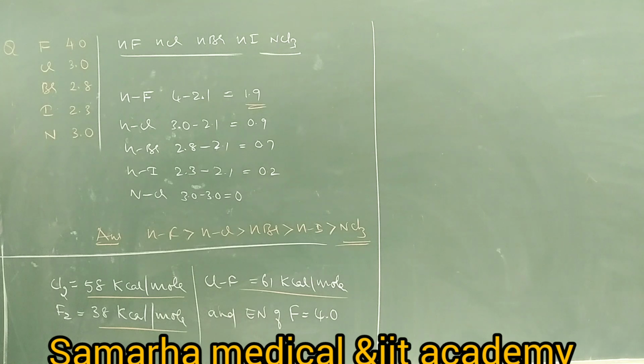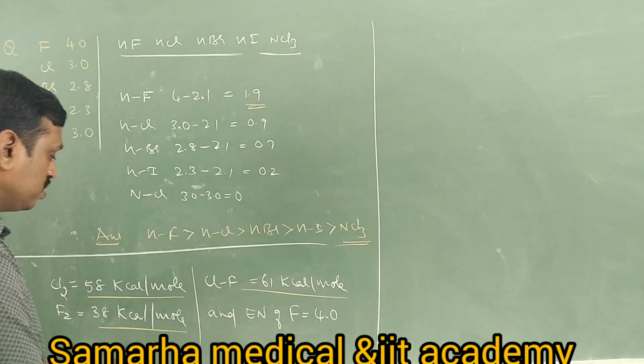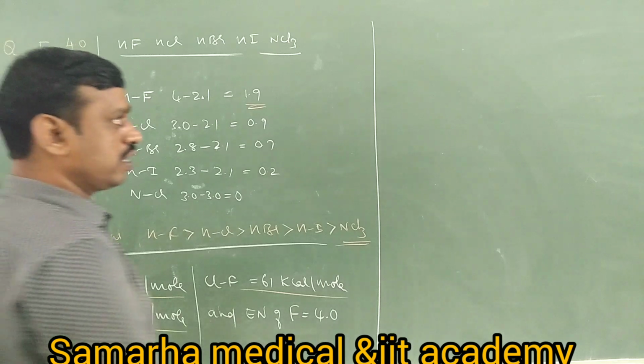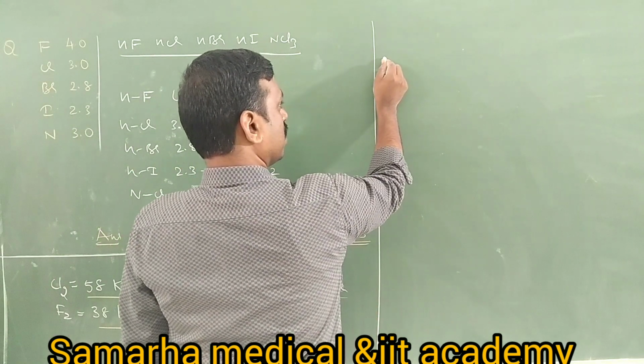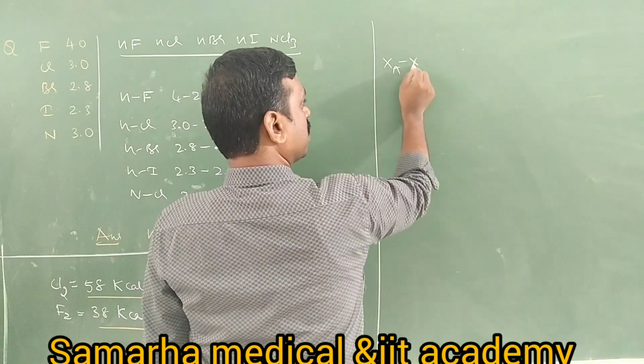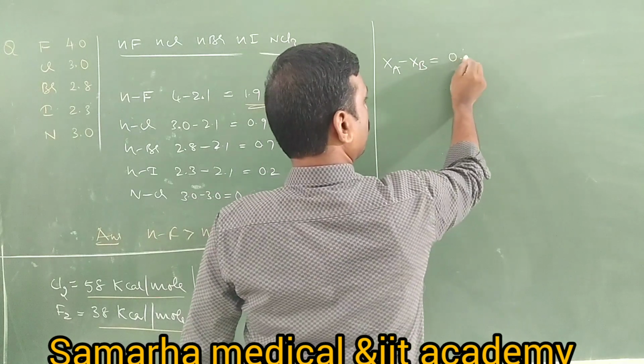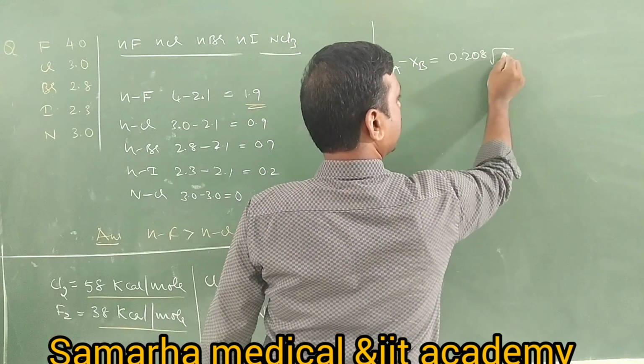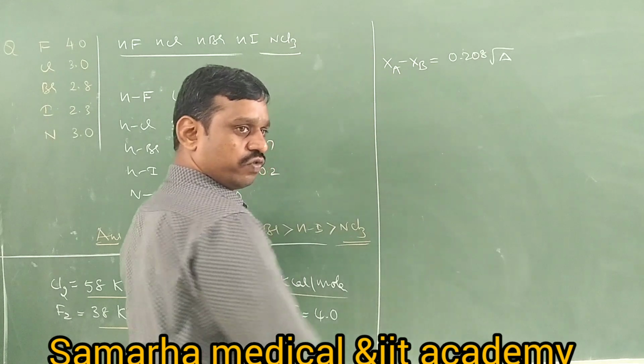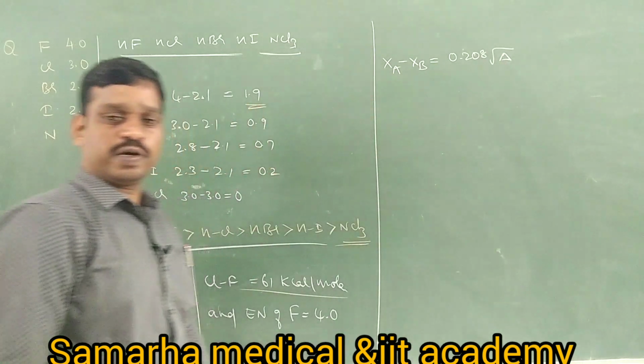Pauling scale; Mulliken is an average value. According to the Pauling scale, the formula is XA minus XB equals 0.208 under root delta, where delta should be in kilocalories per mole.